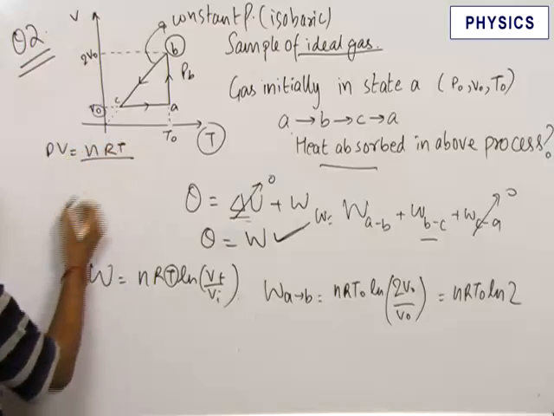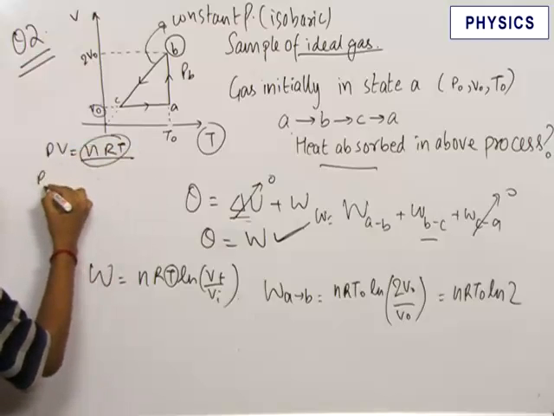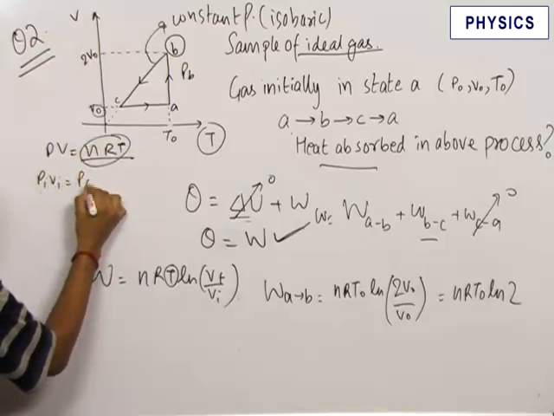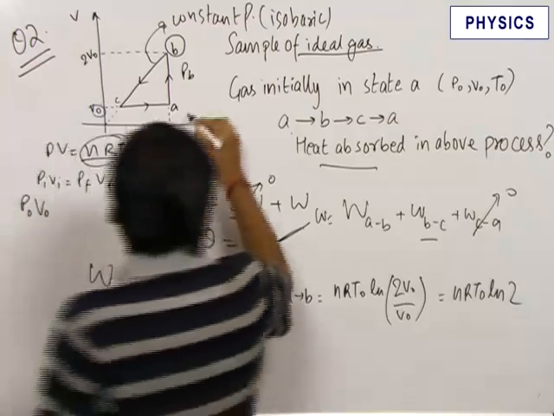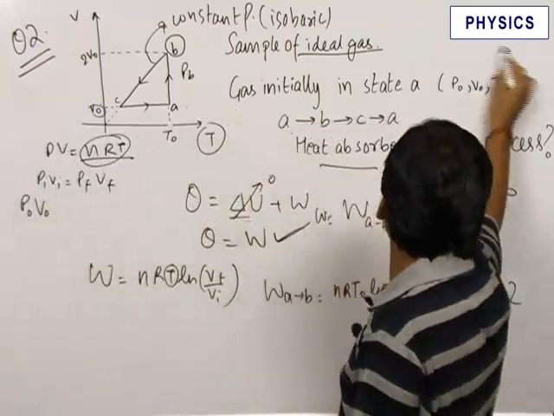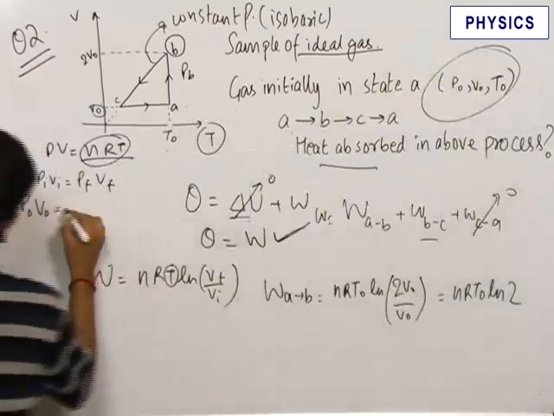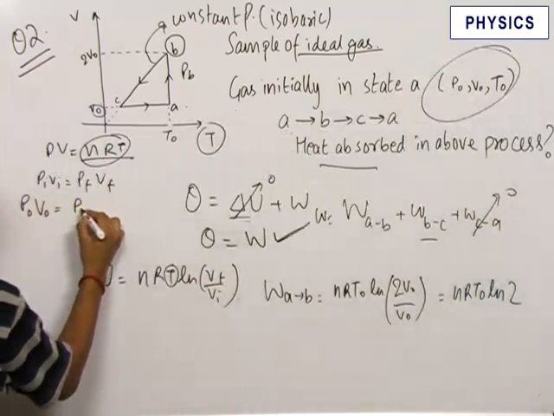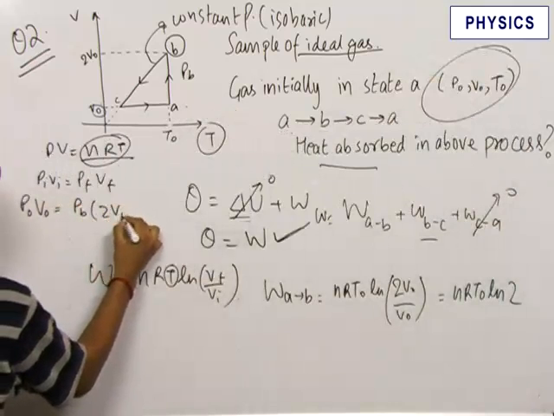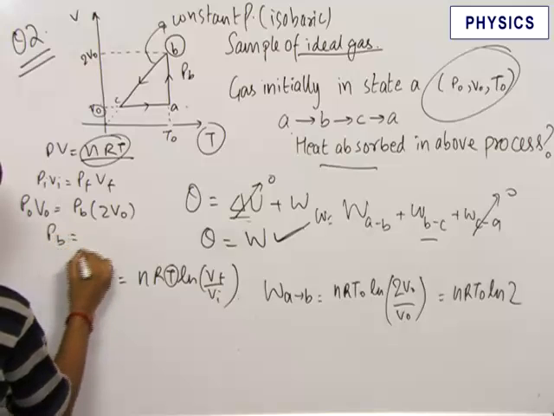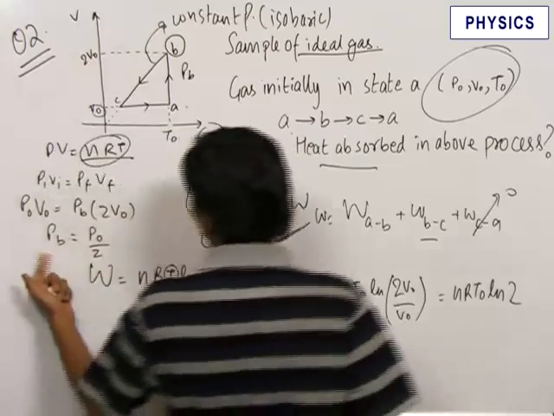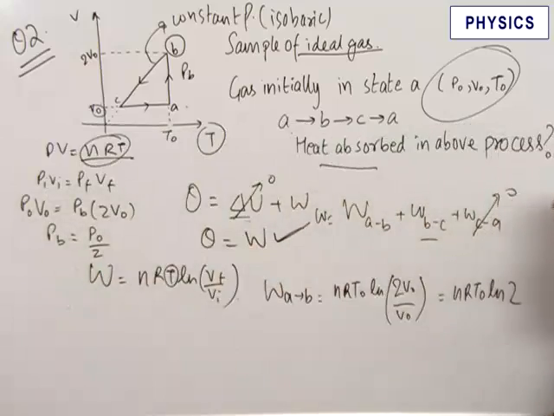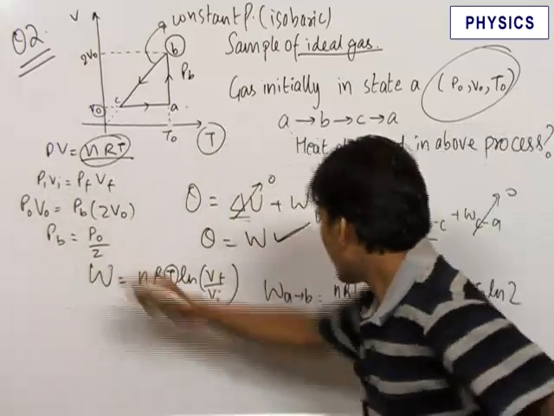Since temperature is constant, therefore P initial V initial is equal to P final V final. Therefore we have P naught V naught, that is the pressure and volume at A, equal to PB into 2V naught. Therefore we get PB is equal to P naught by 2.